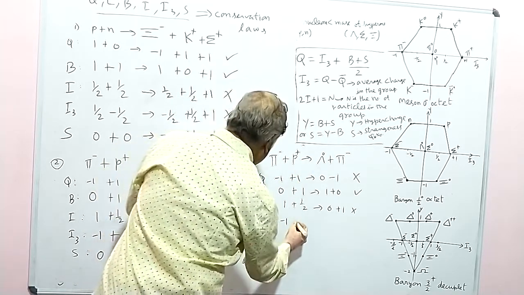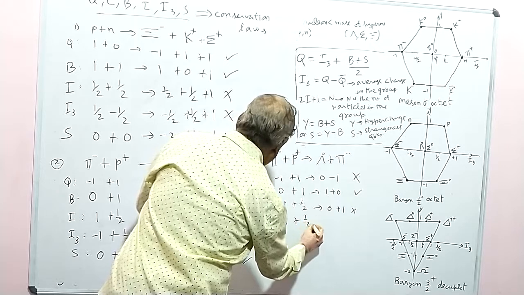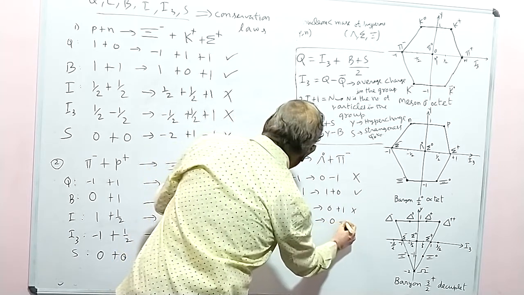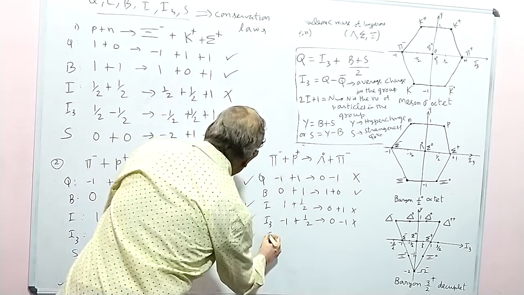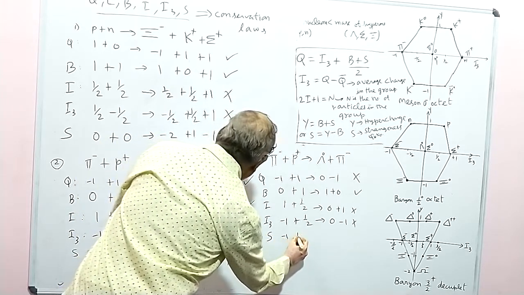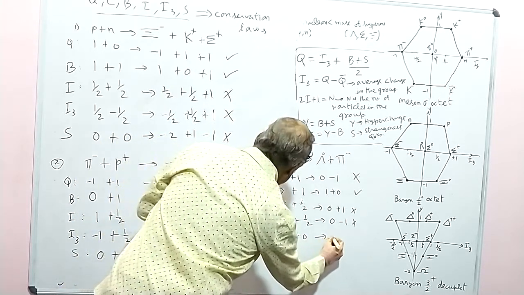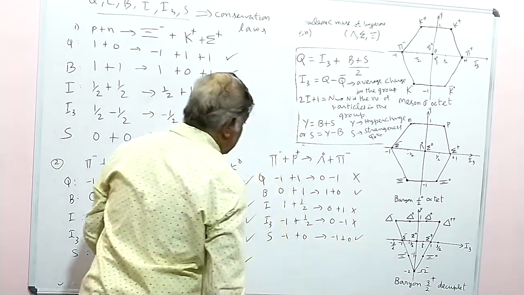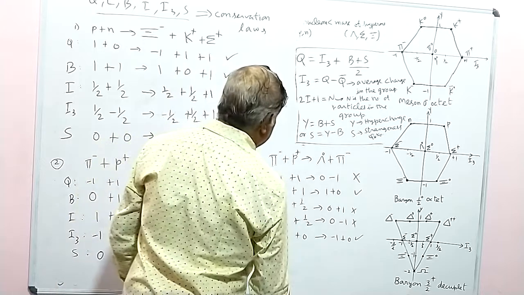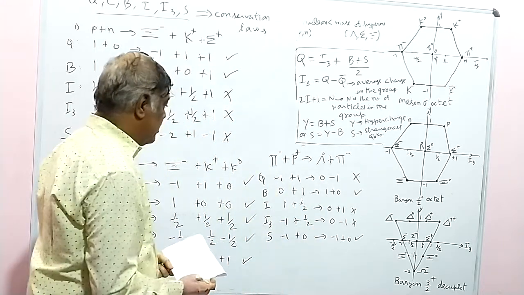This is minus 1 plus half, this side 0 minus 1, not conserved. S value is here minus 1 plus 0, here minus 1 plus 0. So S is conserved. Since Q and I3 are not satisfied, it is not an allowed reaction.